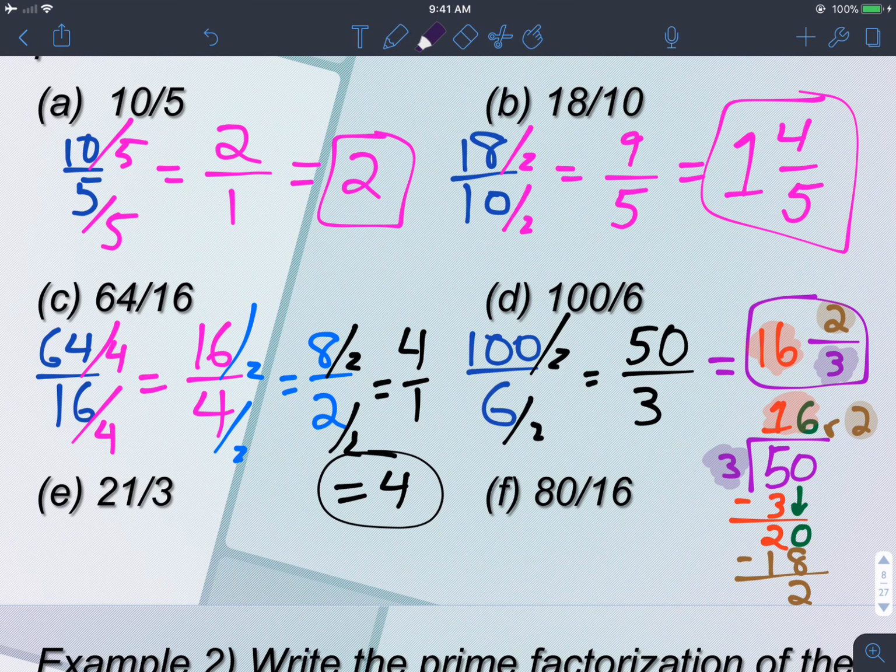Questions or comments on reducing? Okay.